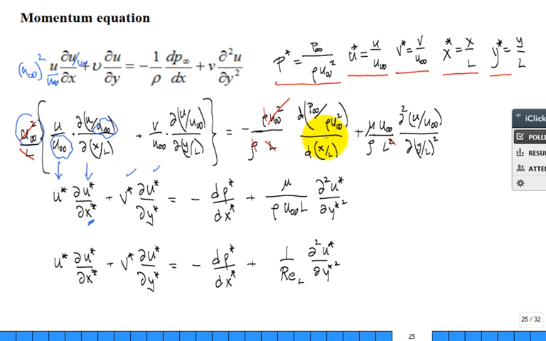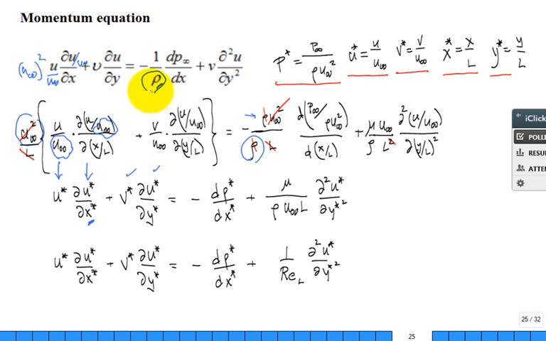Very similar. I want to divide by rho u infinity squared, so I have to multiply by rho u infinity squared. And then I want to put over an L here, and I already had a rho on the outside.